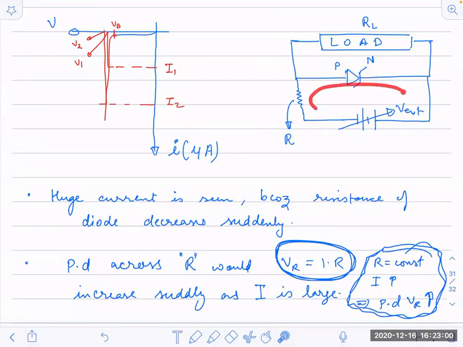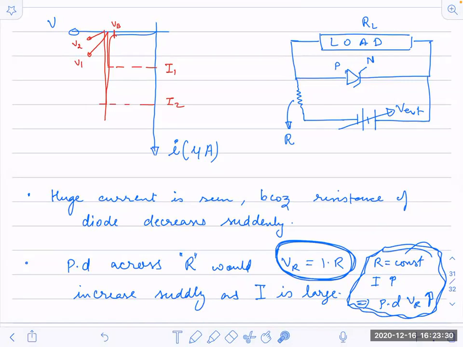So what will happen in this circuit if you apply KVL and KCL? If the potential drop across this has increased, the potential drop across this will be decreasing. Understood? The potential drop across this would be decreasing because the resistance is going down. So this will be almost having a particular value of voltage.